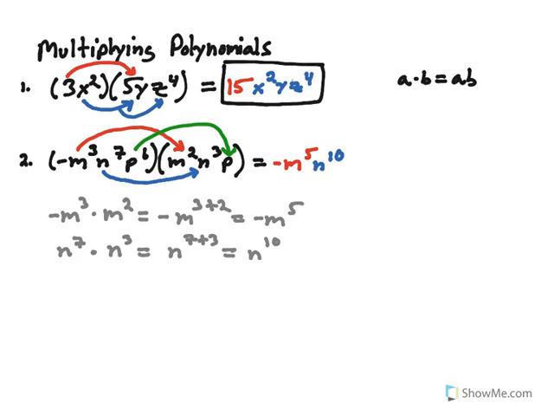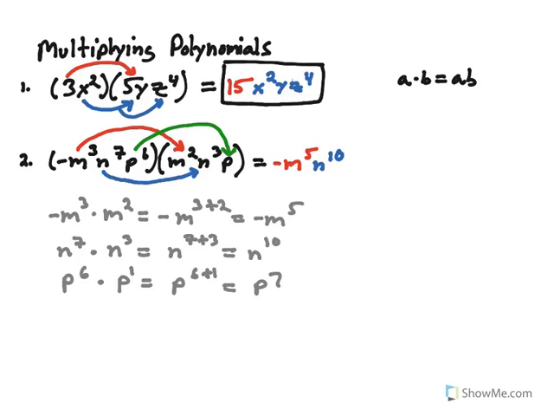Okay, so we can do that work here. p to the 6th times p. Now there's an imaginary exponent with this p, so I'm going to put it here so you see it is there. So again, we're going to add 6 plus 1. We have to add that imaginary 1 there, so don't forget.